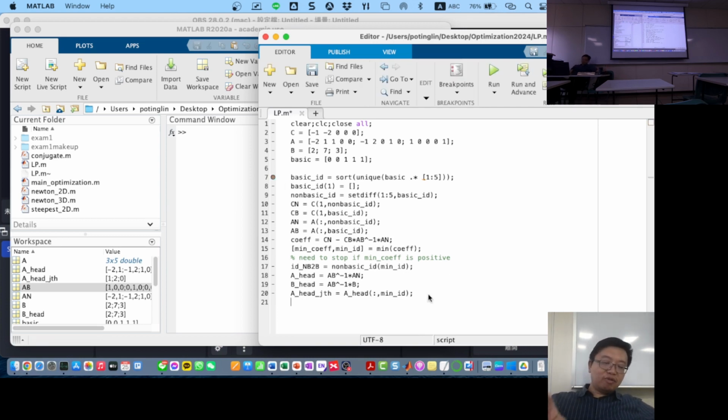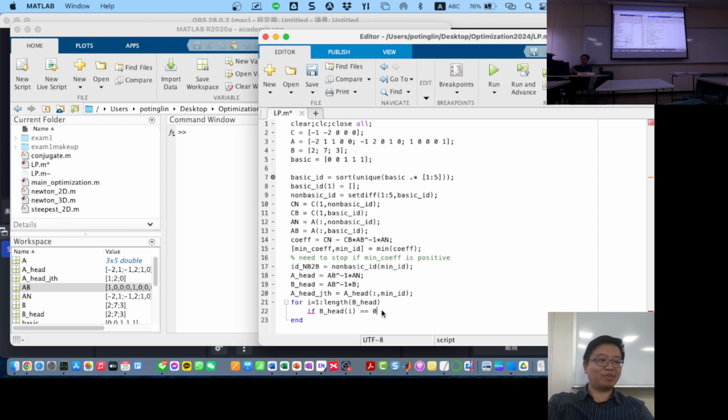And when we do the ratio test, we need to be careful because we don't want to divide by 0. So I'm going to do a for loop, from the first one to the last one, so the length of B hat, okay? If the index of B hat is 0, we do nothing.